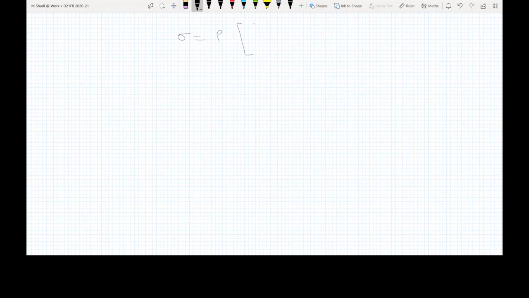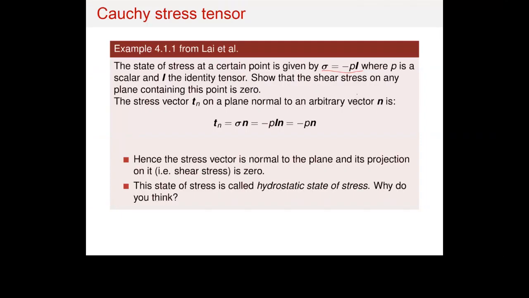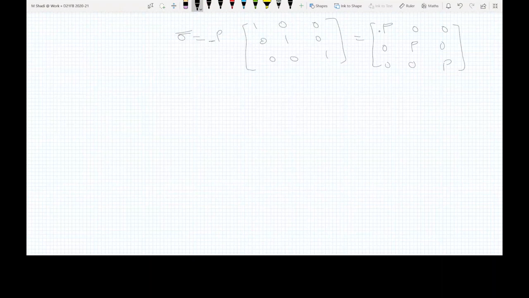The identity matrix is 1, 0, 0, 0, 1, 0, 0, 0, 1. So this is equal to P, 0, 0, 0, P, 0, 0, 0, and P. This is the stress tensor sigma. It is negative, so we have a negative sign in there, negative, negative, and negative.